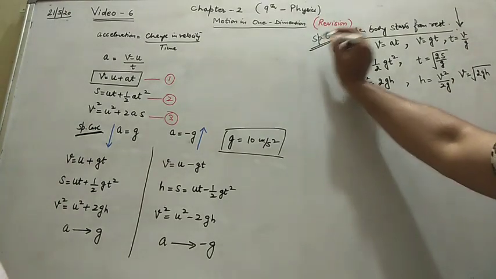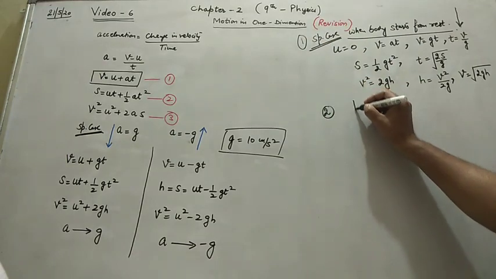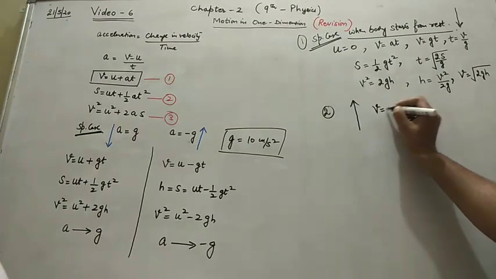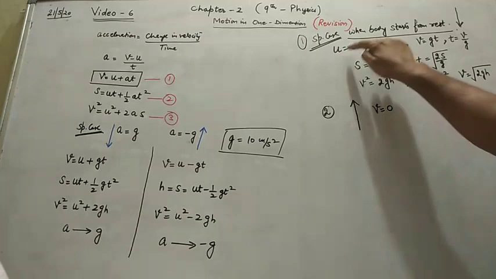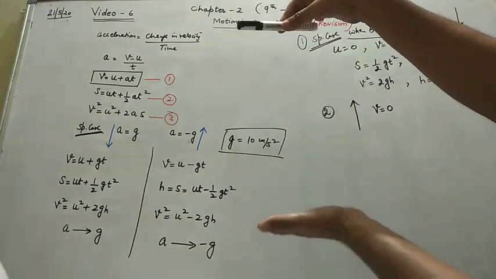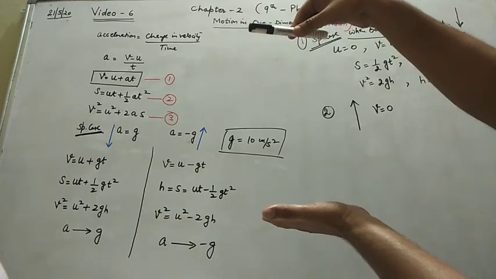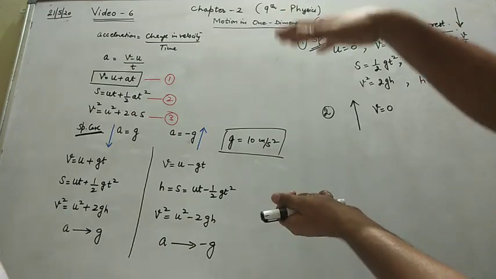And the second case, when the body is moving upward, in that case final velocity v will be 0. In the downward case initial velocity is 0. If I allow the marker to fall under the effect of gravity, u is 0 and it comes down.